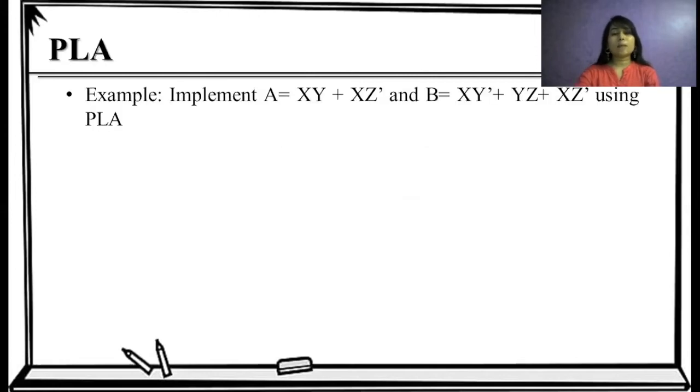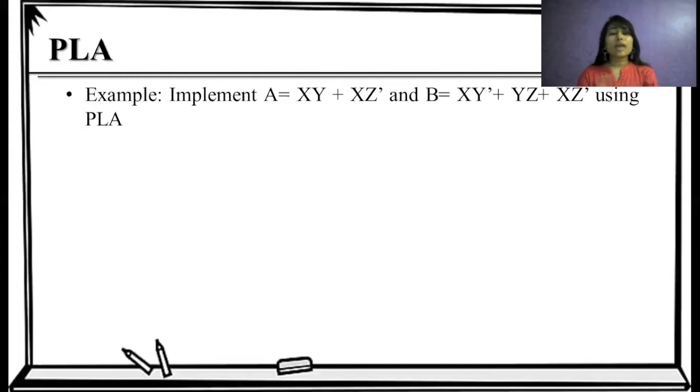Let's take an example. Implement A equals xy plus xz and B equals xy dash plus yz plus xz dash. Here we have the xz dash term common in both of the logical functions A and B. So we can use this only one time to produce our product terms.